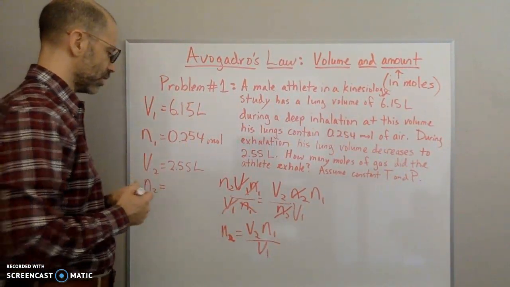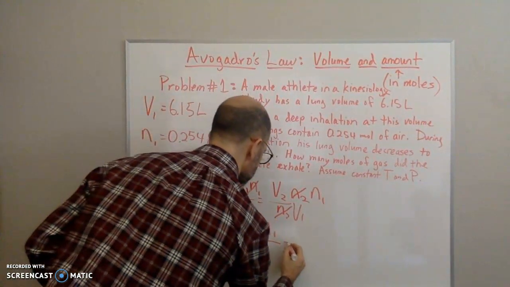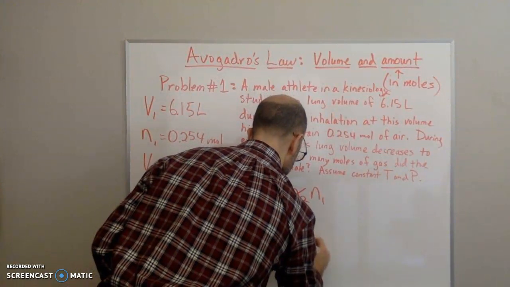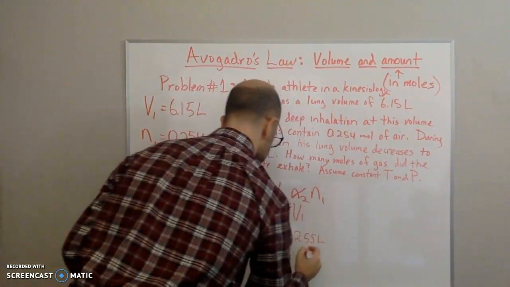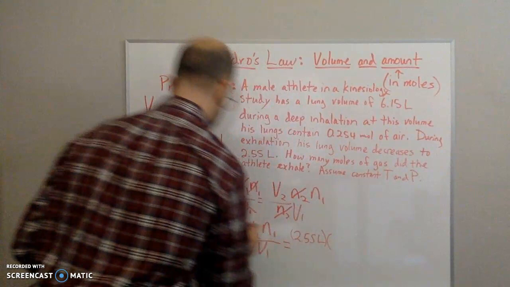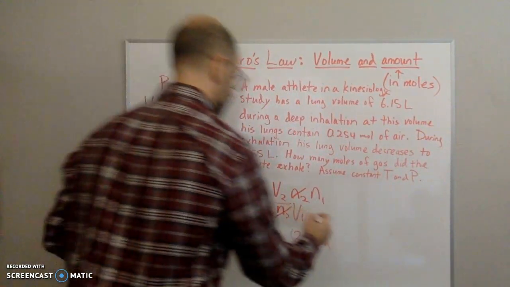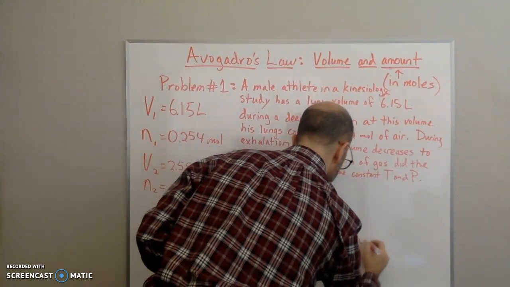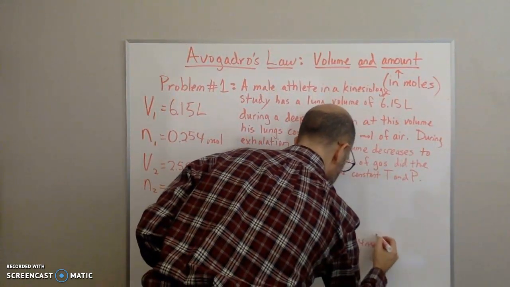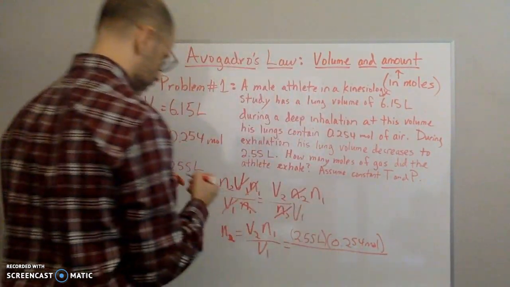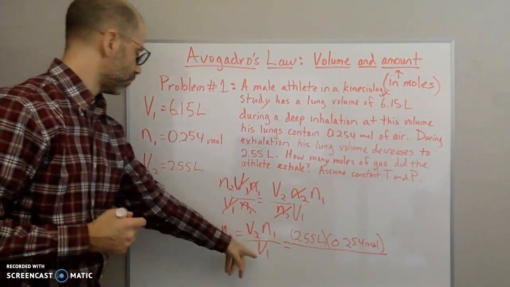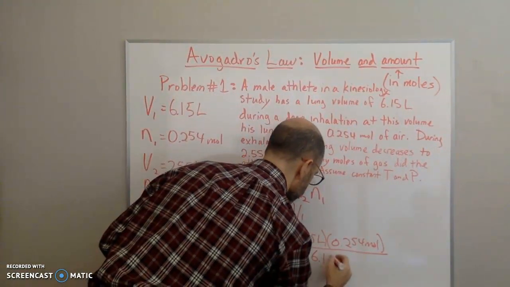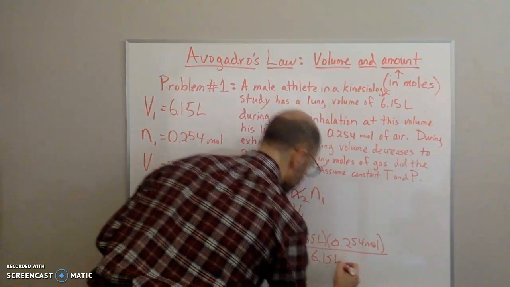I can just plug in the numbers. V2 is 2.55 liters, times N1, which is 0.254 mole, and then I have V1, which is 6.15 liters.